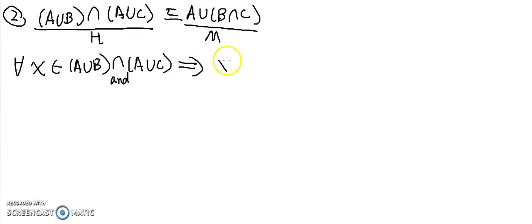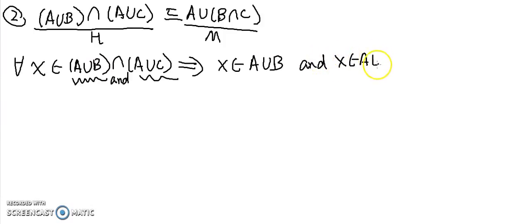since X is in the intersection of A union B and A union C, which means X is in A union B and X is in A union C. So we just replaced the intersection with the word and, and now we're going to replace the symbol union with or.